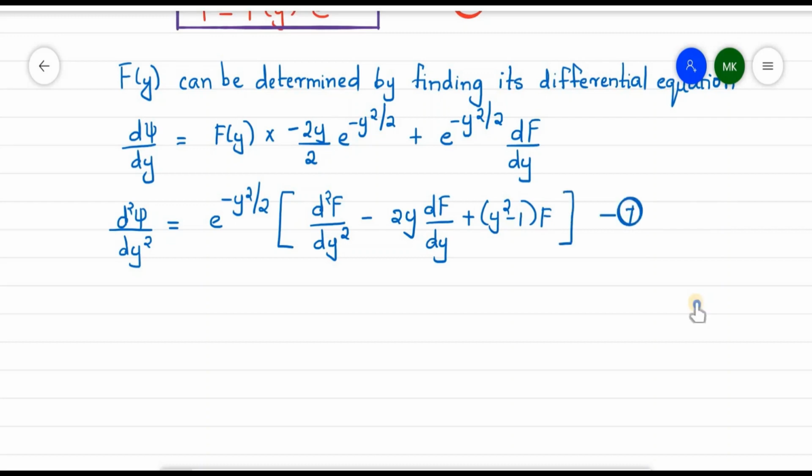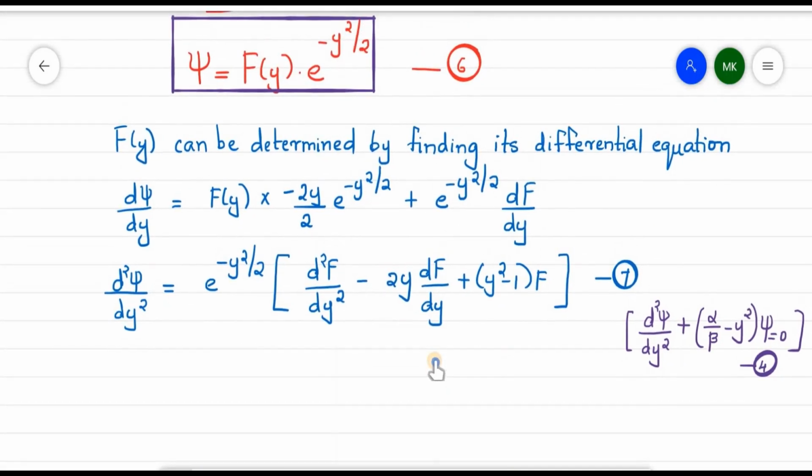Now we have to substitute the value of d square psi by dy square in equation 4. Let me write once more equation 4. D square psi by dy square plus alpha by beta minus y square into psi equals 0.